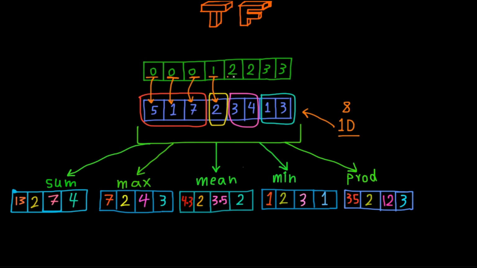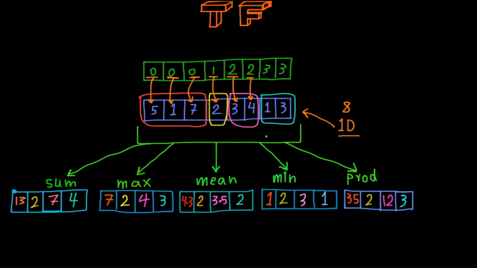Now let's move on to the fifth and sixth elements in our segment IDs tensor. The corresponding elements in our input tensor are 3 and 4.